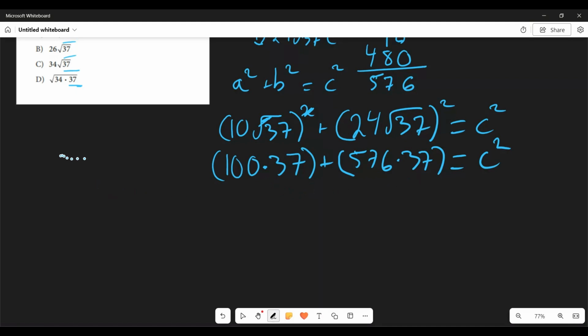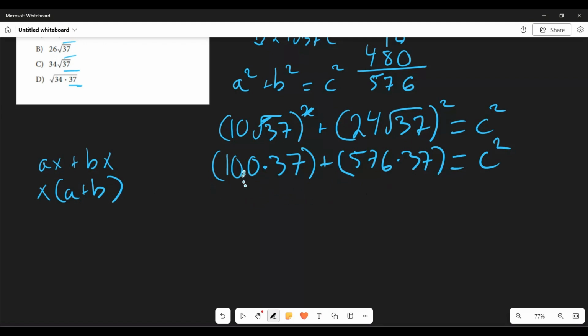Recall when, for example, in algebraic terms we had ax plus bx, we could factor out the common factor, which in this example is x. So we could rewrite it as x times the quantity a plus b. I'm going to do the same thing here.